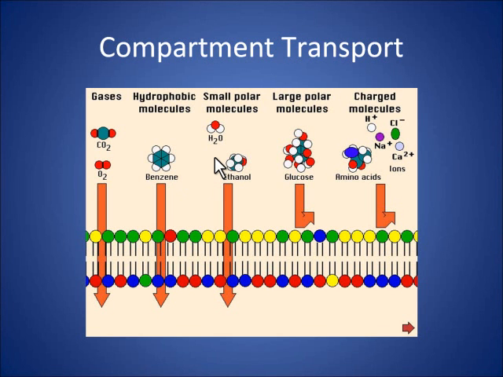Small polar molecules such as water and ethanol can also move through the membrane by passive diffusion, utilizing numerous aquaporin channels in the membrane. Larger polar molecules, charged molecules and ions, cannot cross the membrane by passive diffusion, but can be brought across the membrane by facilitated diffusion or active transport.